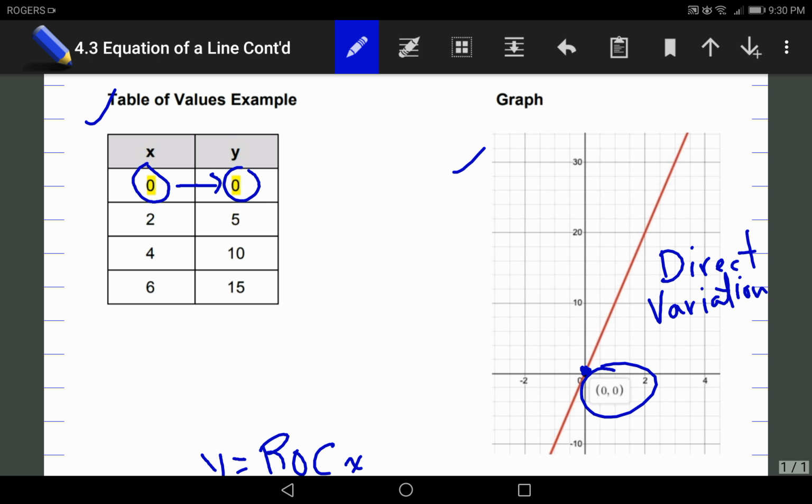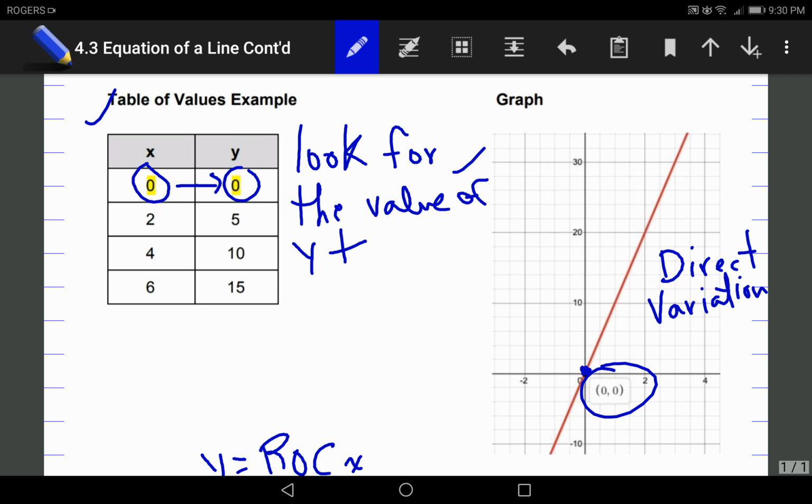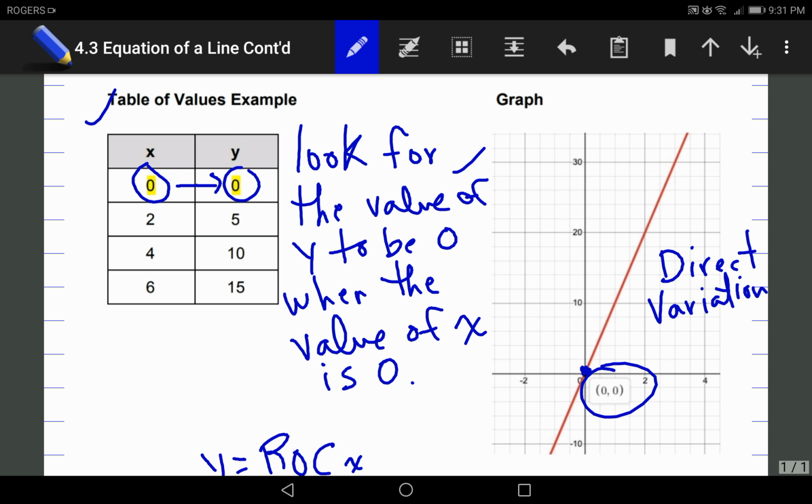So in a table, look for the value of y to be 0 when the value of x is 0. So you have to have that 0, 0 in the table of values. That's how you know, okay, I've got a direct variation example.